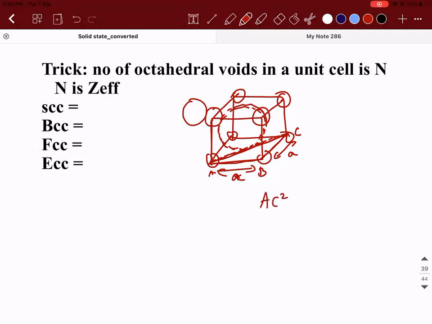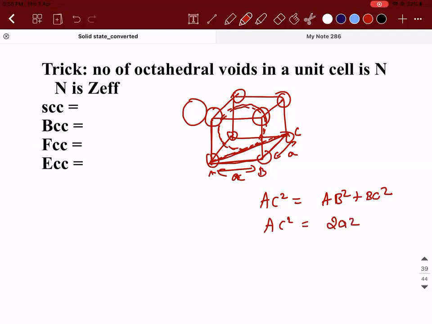See, AC square is equal to AB square plus BC square. See there, what happened? In the center there is one particle present. The triangle cuts through the center. But here it's not happening like that now. So here AC square is equal to 2A square, right?